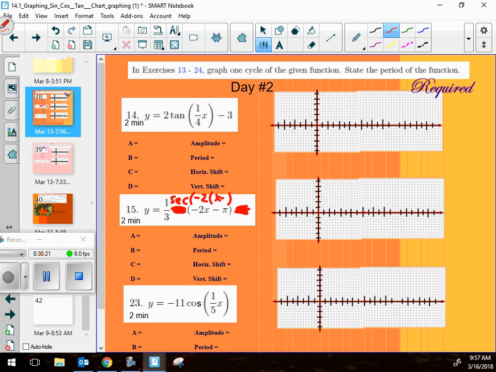X minus, no, not pi. It would be x plus pi what? Yes. Because then when the 2 multiplies in there, it turns into what it's supposed to, which is a pi. That was some pretty tricky factoring.